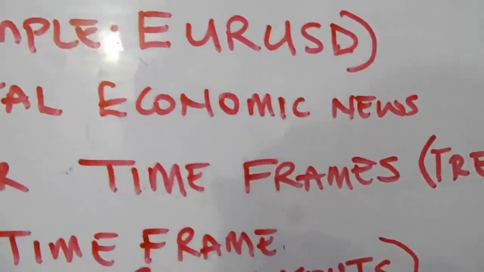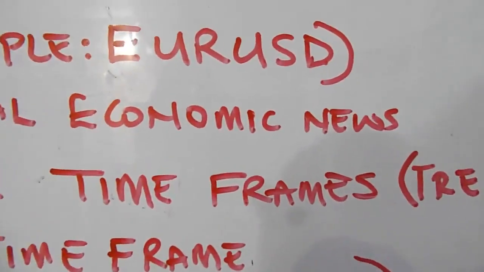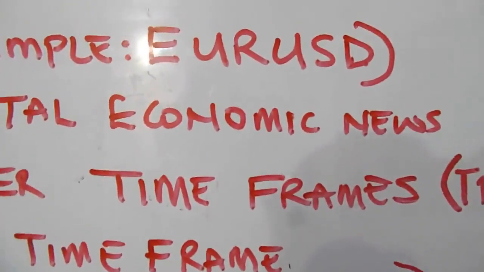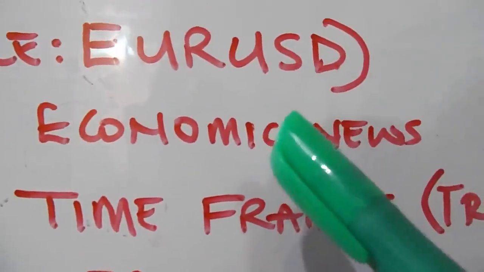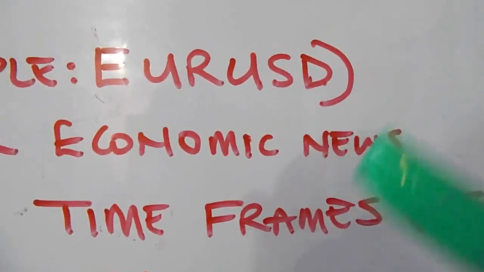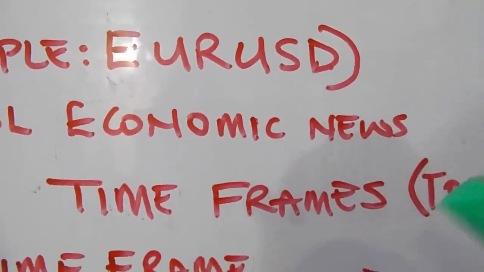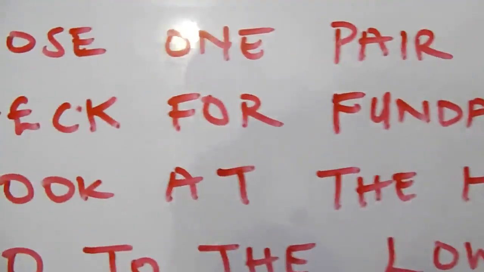What's the news saying? What's the European Central Bank saying? You have to check that for you to know what might happen when you are trading Euro USD. Is the euro as a currency weak? Is it strong? Those are the things you look out for when you want to trade Euro USD.